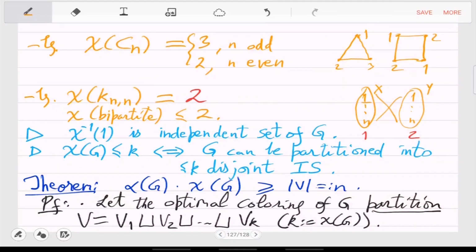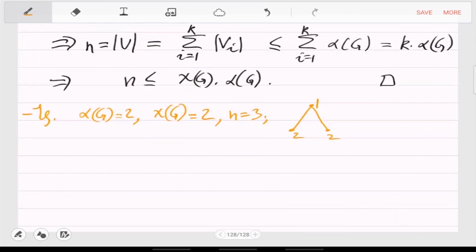Can you show an example where there is equality? Complete graph. The independent set is 1 and chromatic, yeah, that's good. So the complete graph has stability 1, chromatic number n, so the product is n, right? So the theorem we proved is an optimal theorem. It can achieve n and it can also be more than n, so we cannot improve that.